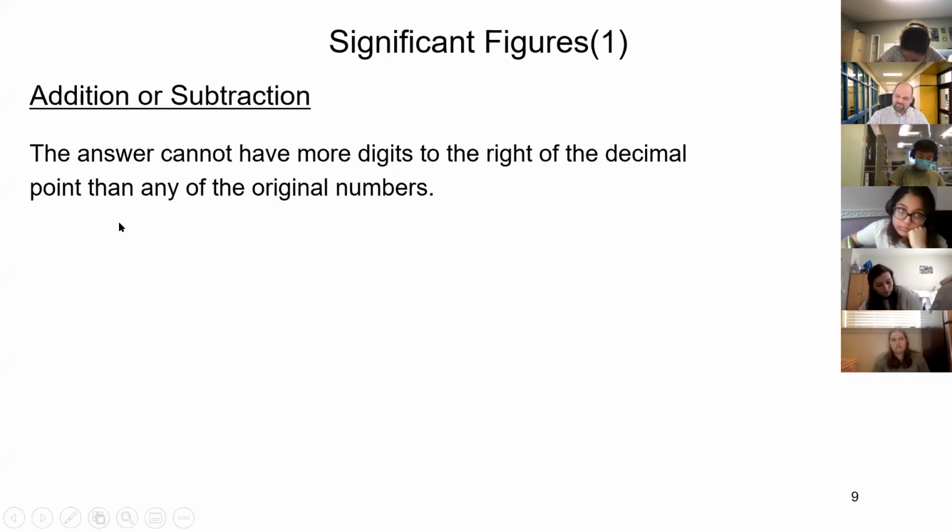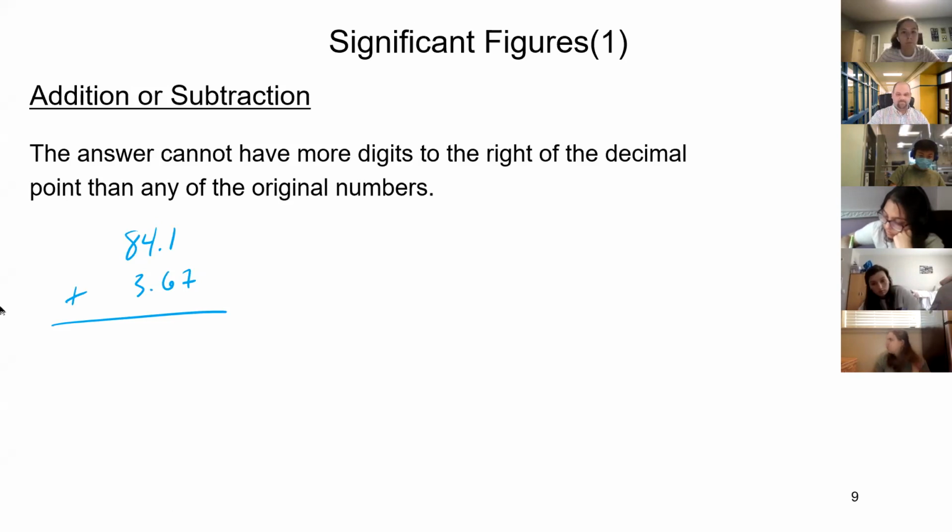So let's say I have 84.1 plus 3.67. Adding those up, if I just do that addition directly, I'm going to get 87.77.